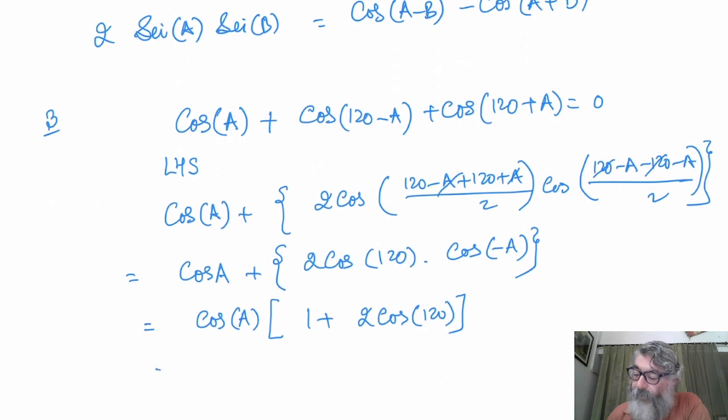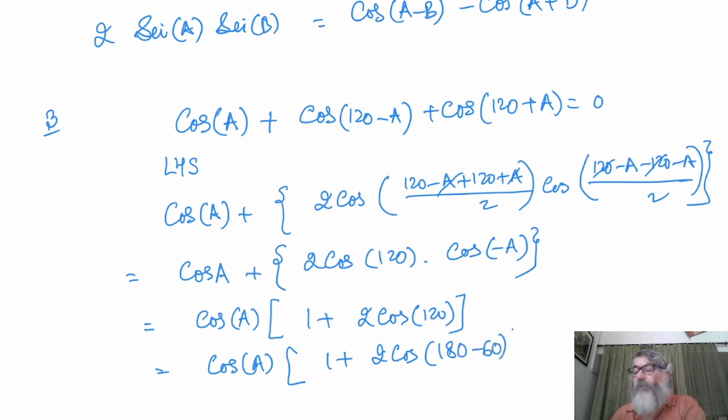Now I have to change cos 120. I can write cos 120 as cos (180 minus 60). 180 minus 60 is 120, but it falls in the second quadrant, where cos is negative.